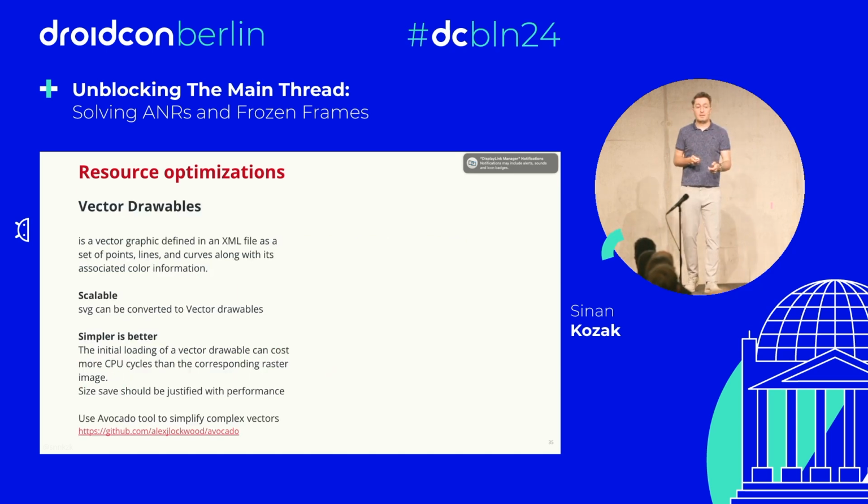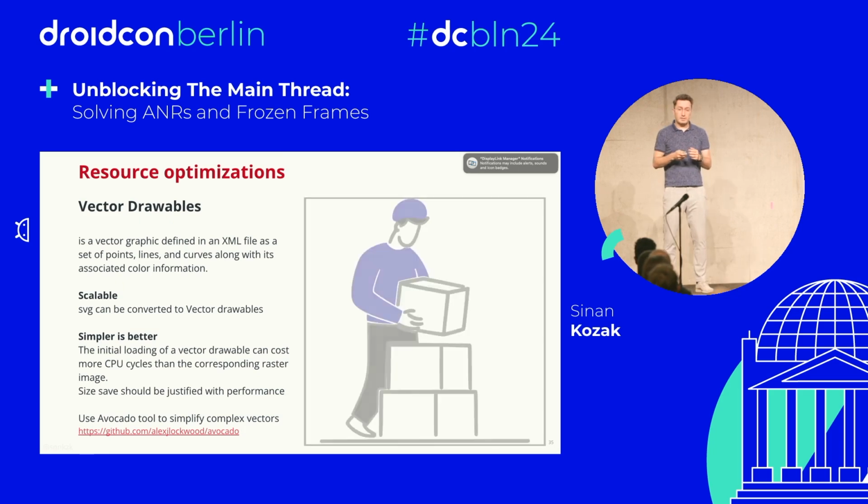Now, say you have vector drawables, which is supposed to be a more efficient way of storing scalable images, but it turns out there is an initialization cost of it because it is all math, and the system needs to understand which line goes where, which angle it needs to draw.